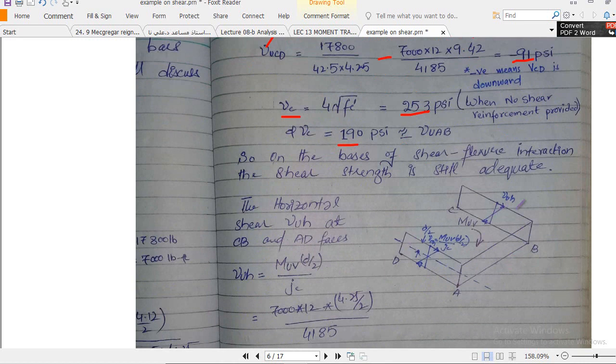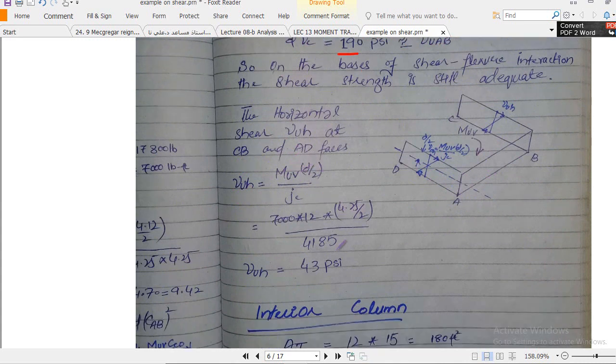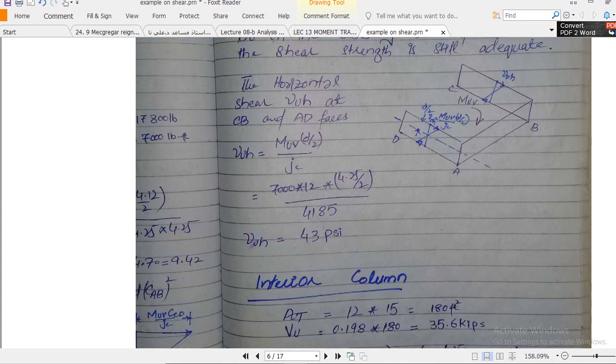The next one is the horizontal shear, and I already explained in lecture number 15 how to find VUH. You see this is the VUH, and we already know the equation for VUH: MUV D by 2 JC. You just plug in the values and you get your VUH.